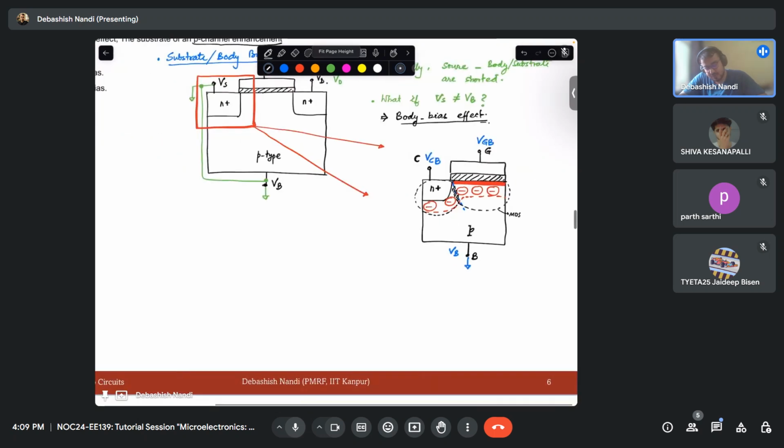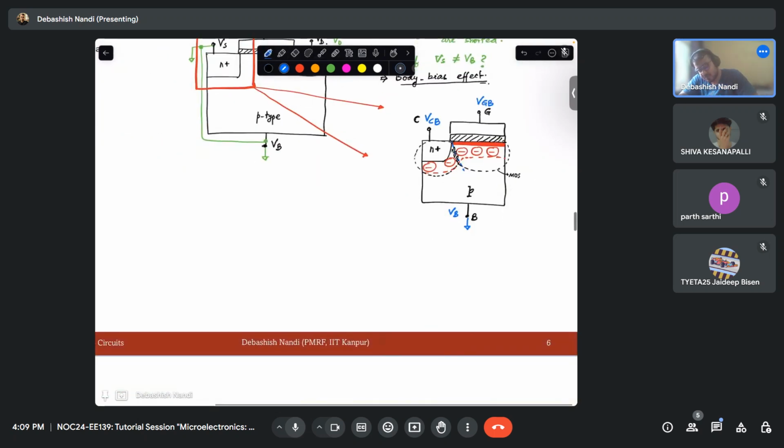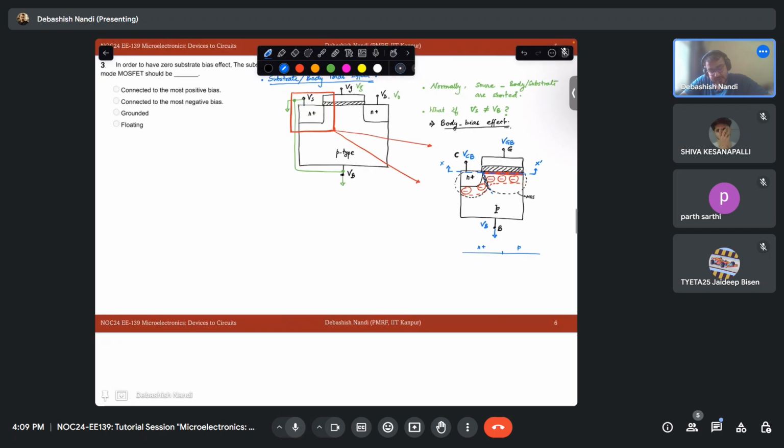Now let me again take a cut section at this point and draw the band diagram. This is basically your N plus region and this is your P type channel, a P type substrate.